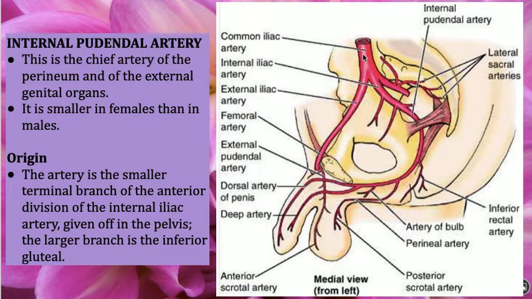You can see this is the common iliac. The common iliac divides into the external iliac and the internal iliac. So this artery is the smaller terminal branch of the anterior division of the internal iliac artery, given off in the pelvis, and the larger branch is the inferior gluteal.